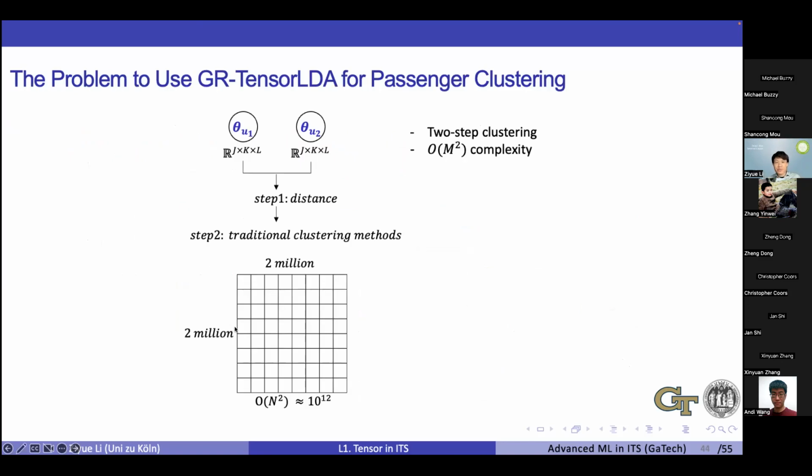For the last few minutes, I will quickly introduce another improvement of the LDA model, especially for clustering passengers. When we cluster the passengers, we calculate the distance between theta 1 and theta 2 for these two passengers.